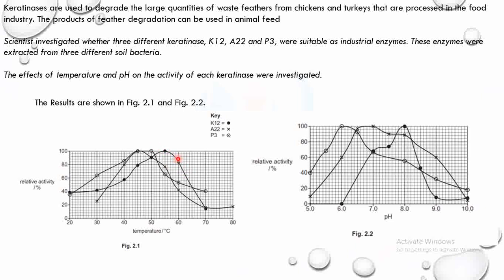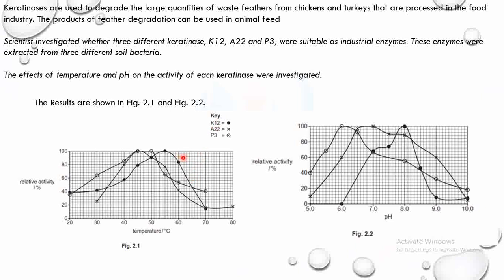So it removes stains at high temperature because it has the highest optimum temperature, and it can withstand a large range. You can see that it's still active at 60 degrees Celsius. So that's K12.